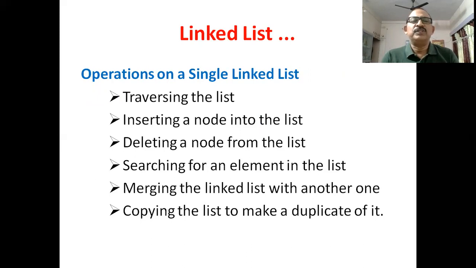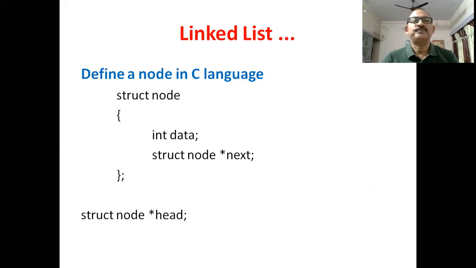These are some operations we can perform on a linked list: traversing the list, inserting a node into the list, deleting a node from the list, searching for an element in the list, merging the linked list with another one, and copying the list to make a duplicate of it.